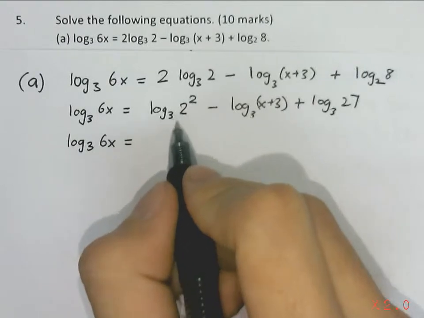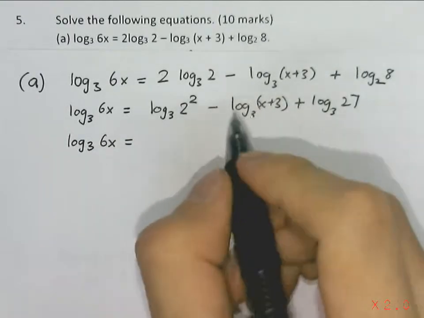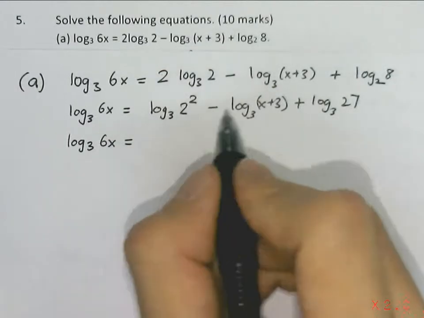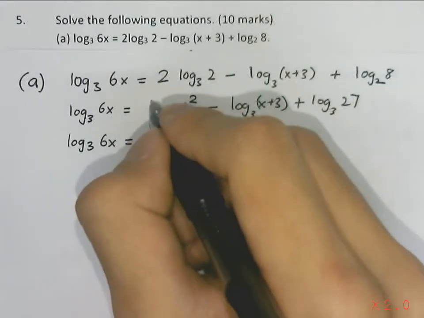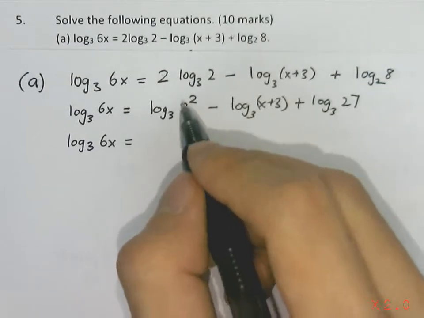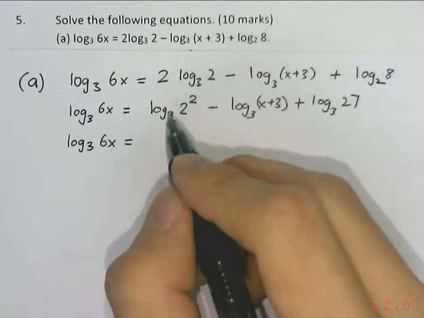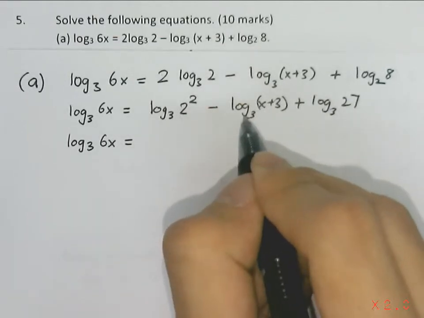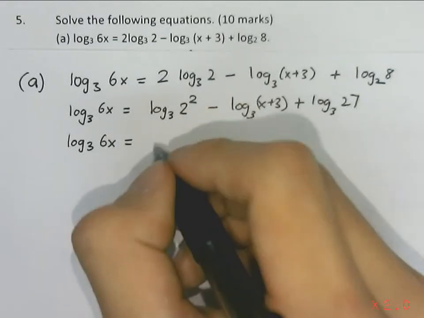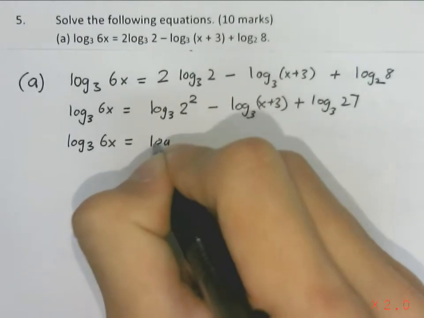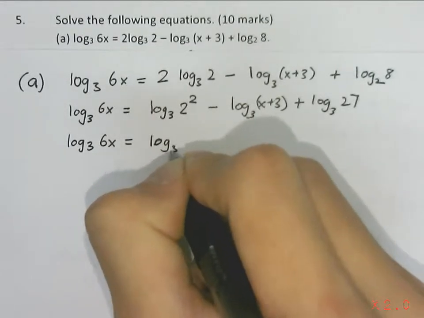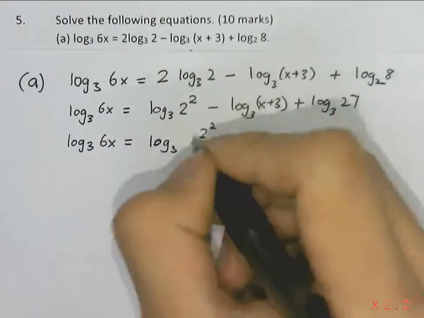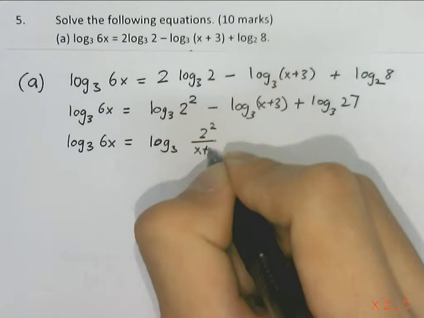Now all terms on the right side are in base 3, so we can follow the logarithm rule again. Any logarithmic term represents an index, so all the power. This is subtracted, so difference means that it must be a quotient form: log base 3 of 2 squared over x plus 3.